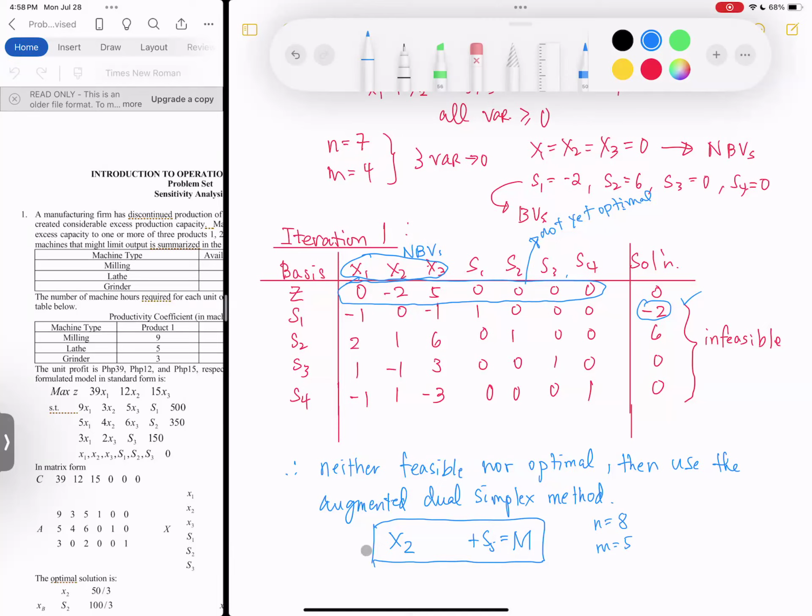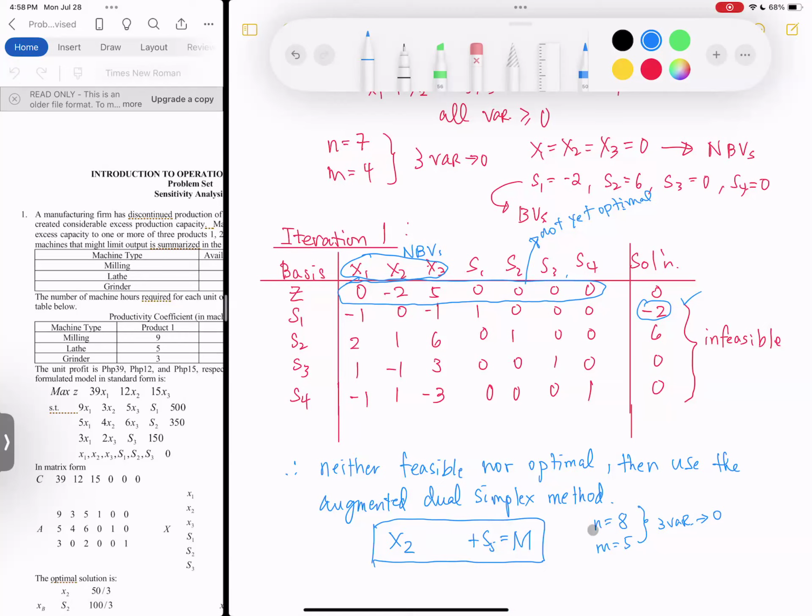Add one constraint here and add one variable here. So you retain your initial solution or Tableau should still have 3 variables that are non-basic. And this time, you will have 5 variables that are basic. Okay? So 3 variables non-basic. So again, since x2 is non-basic, s5 will be basic.